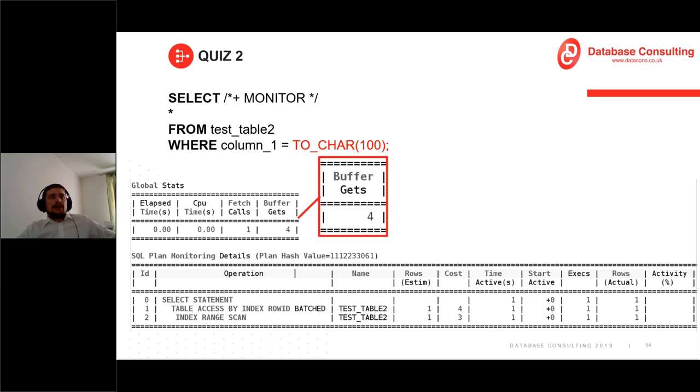So in this case, we have to be very careful about implicit data type conversion, because this could also lead to performance issues and cause the query not to use the index.